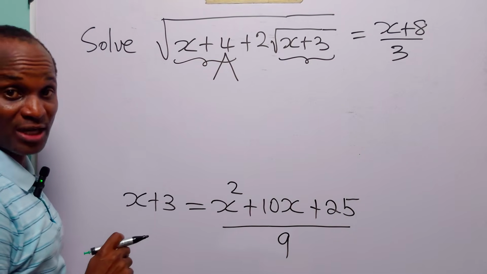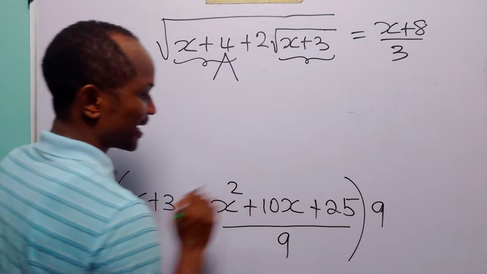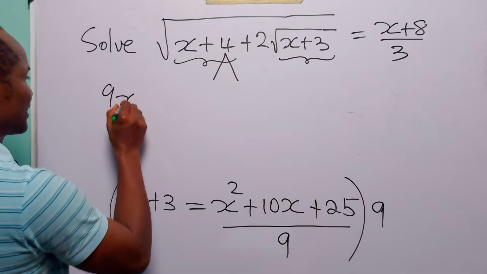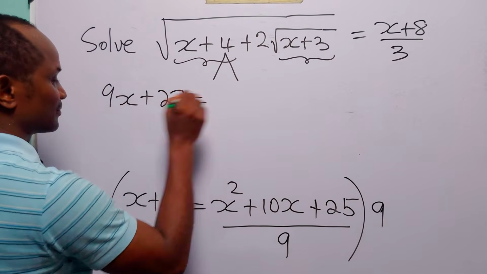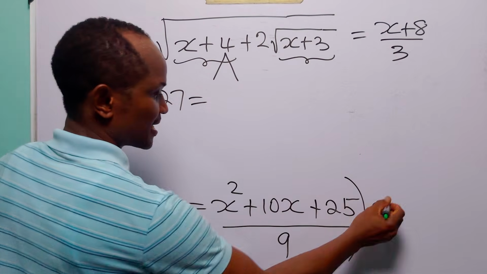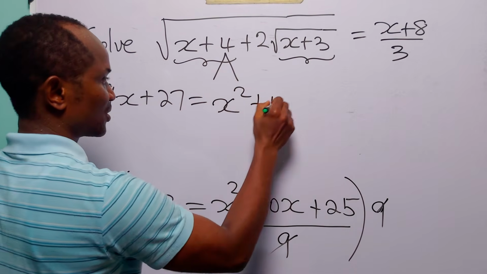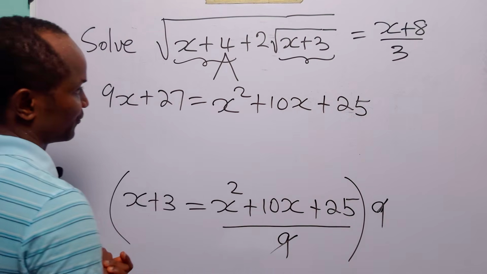And to get rid of this fraction on the right-hand side, we multiply through this equation by 9. 9 times x is 9x. 3 times 9 is 27. This times 9, of course, this will cancel, and we have x squared plus 10x plus 25.